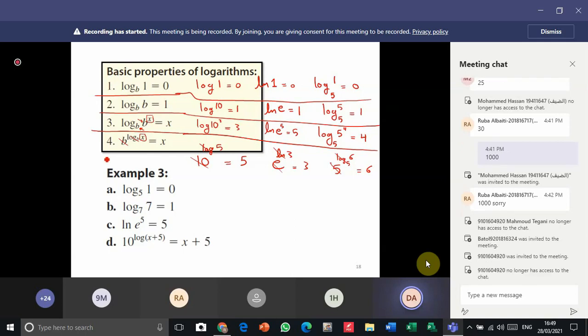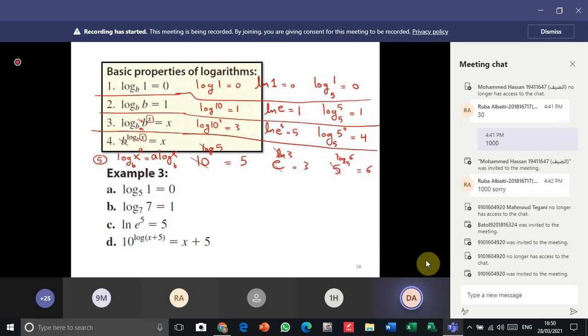Also we have number 5, logarithm x to the power a to base b will be a times log x to base b. If we have an exponent, we can put it outside the logarithm.